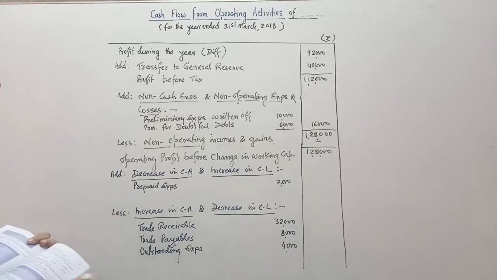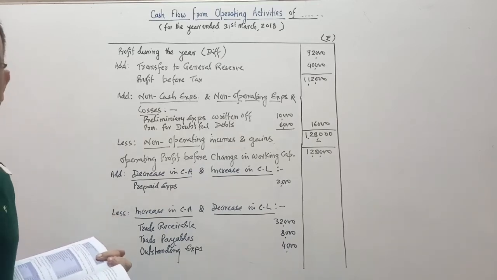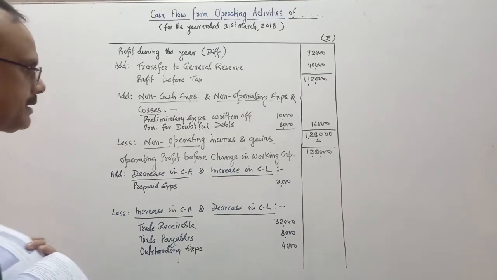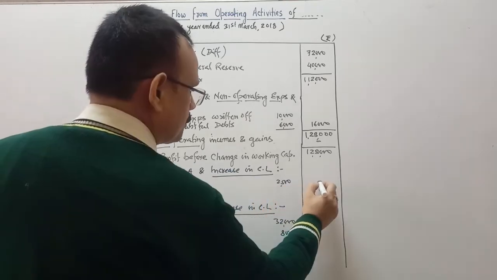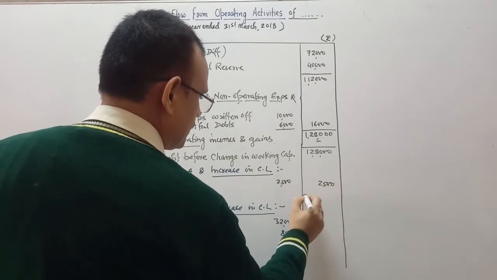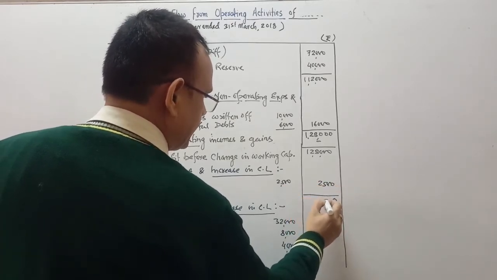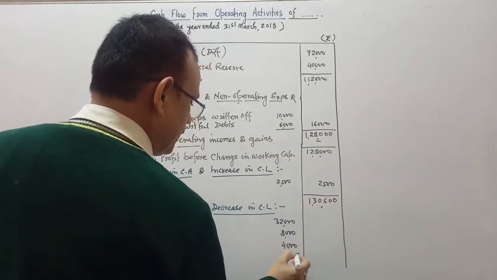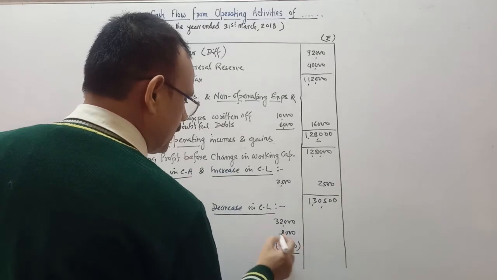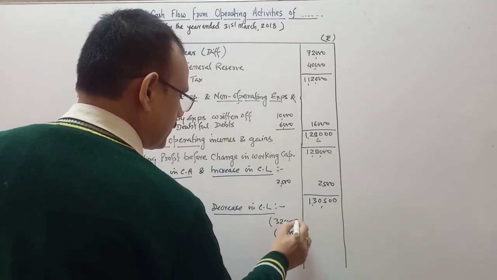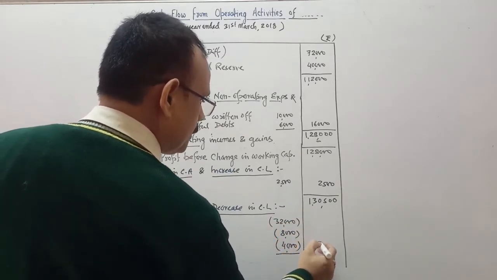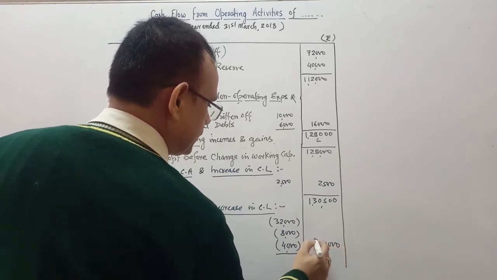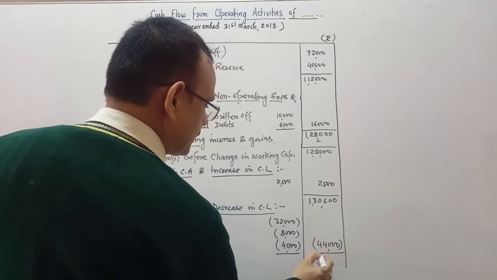Every piece of information required to calculate the cash flow from operating activities is now taken into account. Now you add this figure, 2,500. After adding, it is 1,30,500, and now you deduct this 44,000.